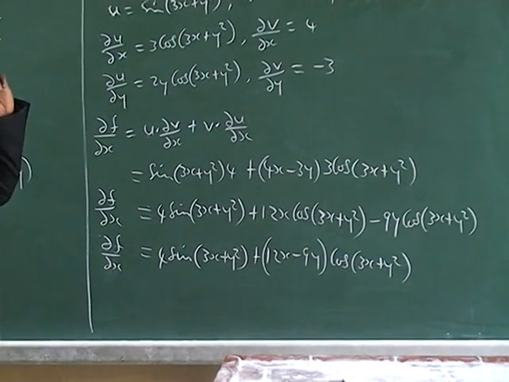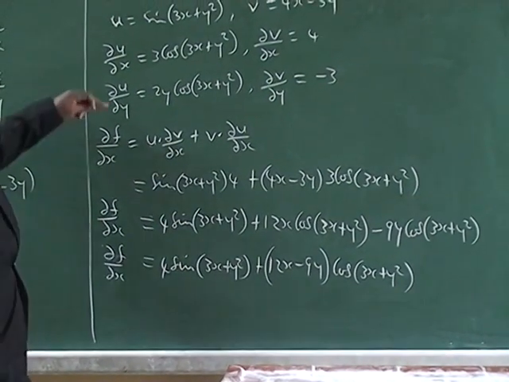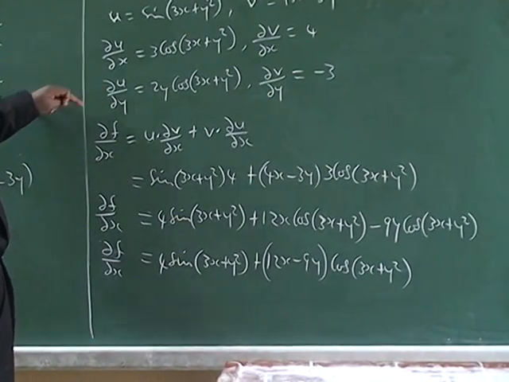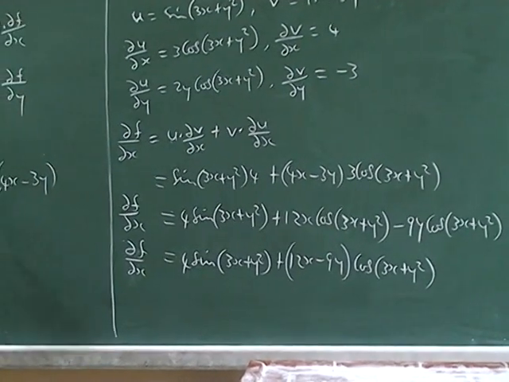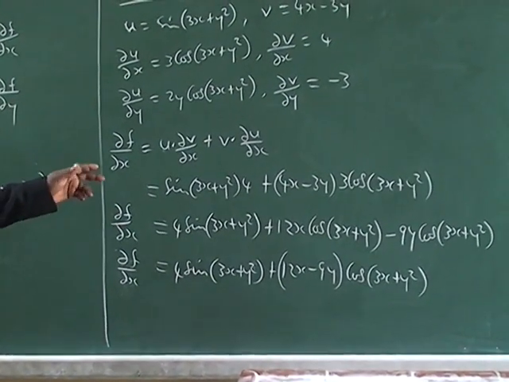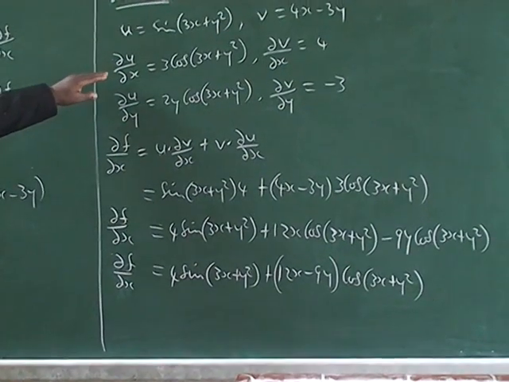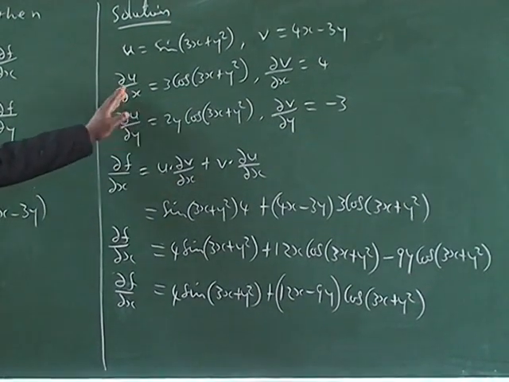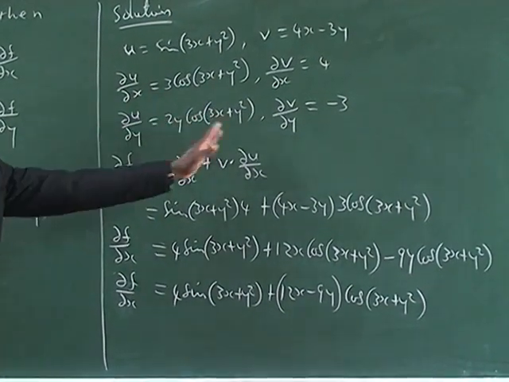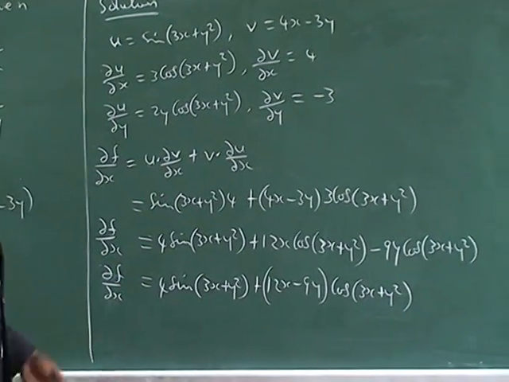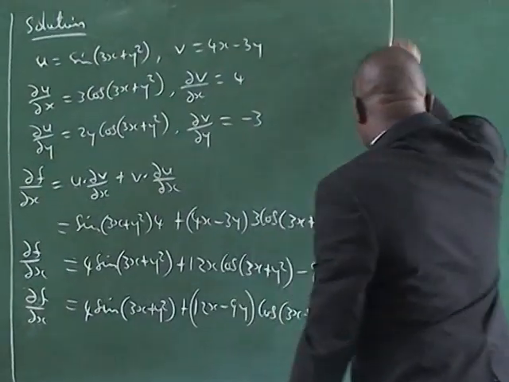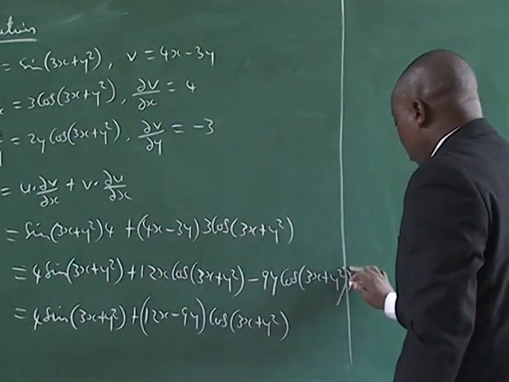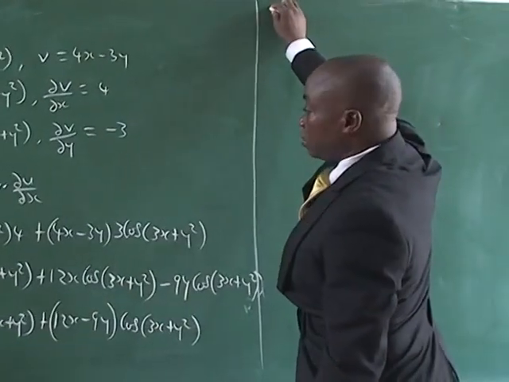Now I'd like you to find partial f partial y. I've already differentiated this and that, this and this. So you look for partial f partial y. Now let me give you the hint so that you get it quickly.